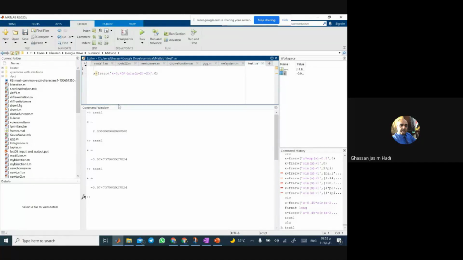If we change the format to short, format short, because this just gives us four decimals after the point, and long gives us many numbers.